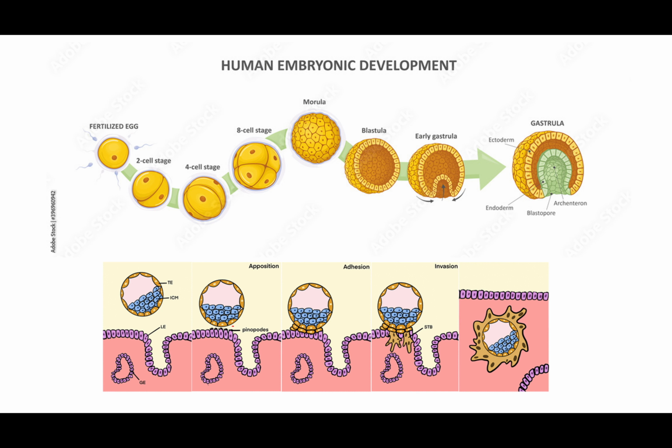It will now go through apposition, where it's close to the endometrium, then adhesion, where it's trying to bind the endometrium, and then invasion, where it's trying to burrow itself into the endometrium. And it's surrounded by a decidua that helps to nurture and nourish it, right? Lovely. So that is how it is done.